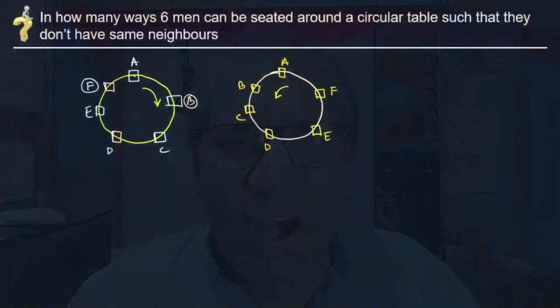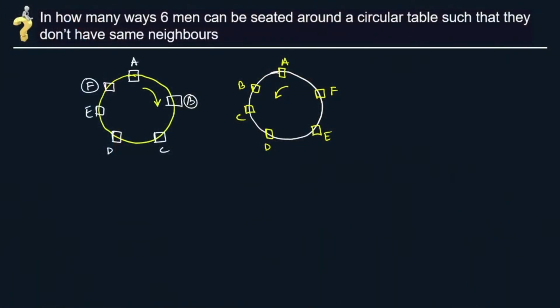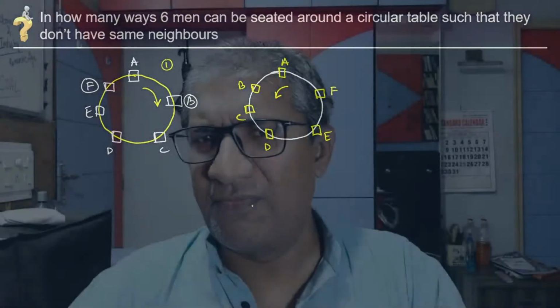They are absolutely the same. Question comes why? Because what they have said is, they don't have the same neighbors. In the first case, the neighbors of A are F and B. In the second case, the neighbors of A are B and F. Same thing. So even if we flip their seats, we are having the same neighbors for every person. I have only considered A, but if you consider each and every person, you are going to have the same neighbors.